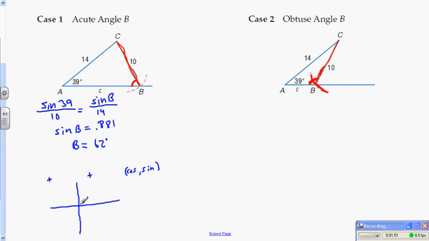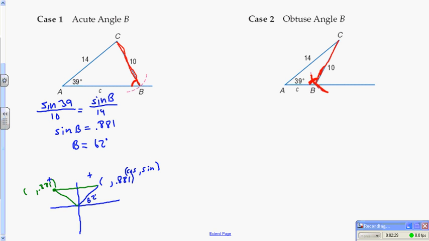So if I had 62 degrees, then I would have a sine of 0.881. If you remember, the unit circle is symmetrical. So if I went this way, the sine of that point would also be 0.881, even though the x value would be negative. But the y value, the sine value, is still positive.